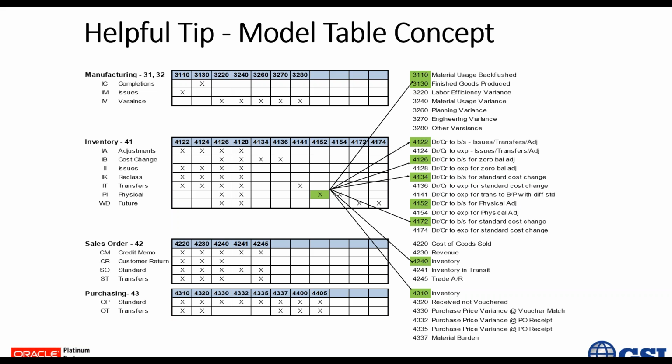So if you were to look in JD Edwards, with fast path access to the DMAAIs, and do an inquiry on table 4152, filtered to document type PI, what you should see is a list of all the different GL class codes that are used in your inventory system by company, with their corresponding business unit, object, and subsidiary pieces of the account number.